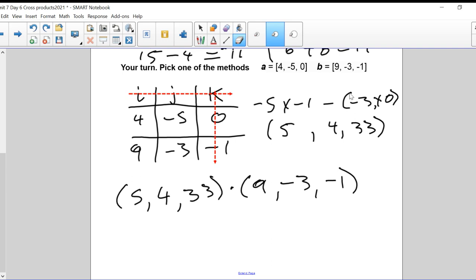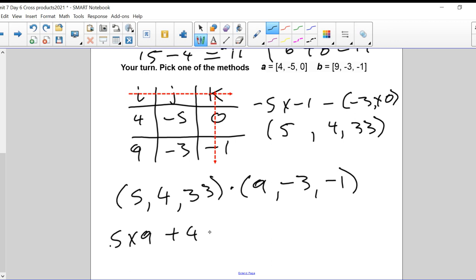So the dot product of this should be 5 times 9 plus 4 times -3 plus 33 times -1. Well, 9 fives are 45, minus 12, minus 33.